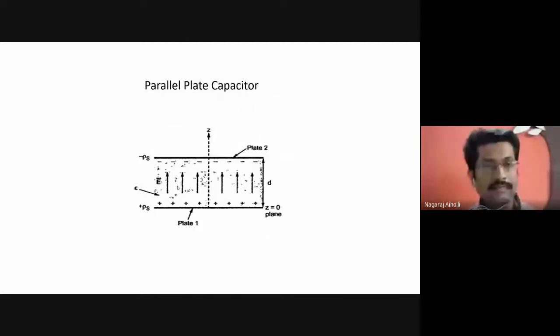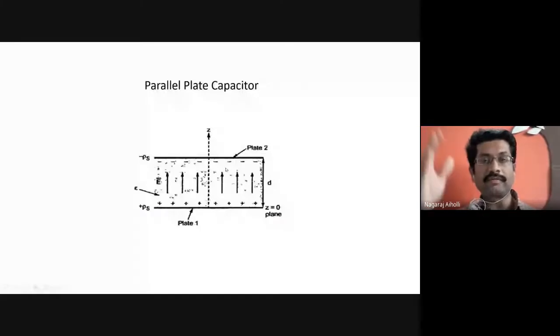Then, if it is an infinite sheet of charge, you already derived the equation for electric field intensity due to an infinite sheet of charge. That equation we have got: E is equal to rho s by 2 epsilon into A n bar. Here A n is the AZ vector, since plate 1 and plate 2 are perpendicular to the Z axis, so the normal unit vector will be AZ.